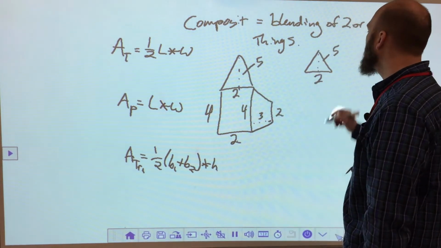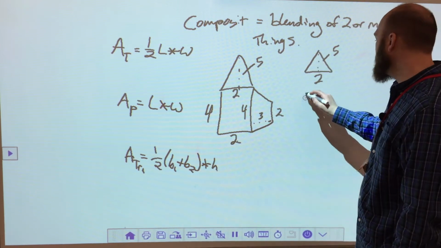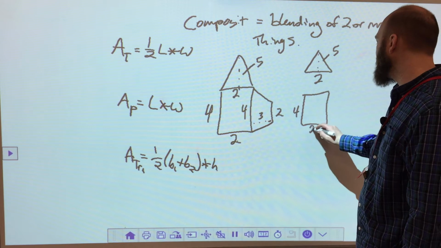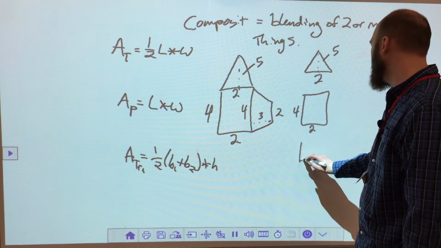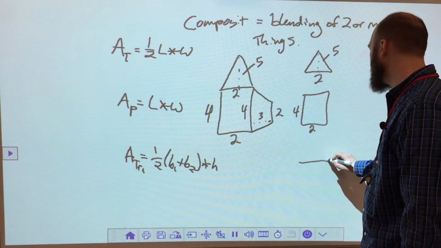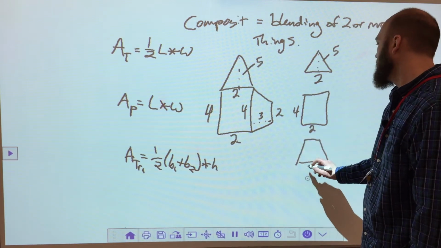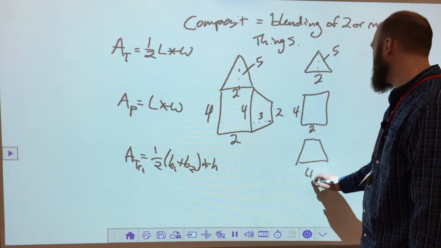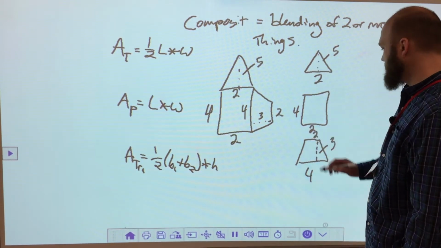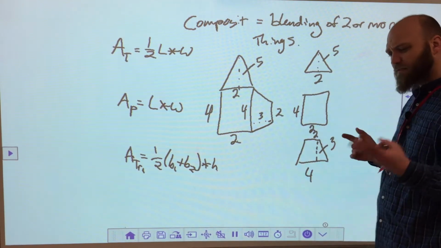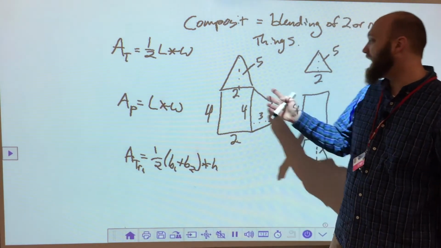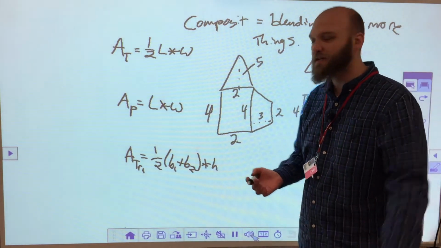So I end up with this shape. Over here I have then a parallelogram, which is 4 by 2, and I end up with, I'm going to draw this right side up just for the sake of paying attention here, a trapezoid here with a base of 4, a height of 3, and another top of 2. So now I have 3 different shapes that I can solve, and then I'm going to put those shapes together to make the area of this whole object here, right, this whole shape.